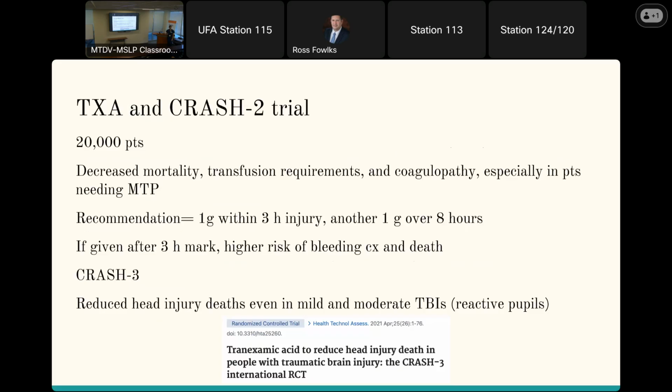They will usually call us and say, hey, do you want us to give it? Or they know, yes, we've already given blood. There is this 3 hour window. It's not technically an hour. It's great that you do give it within an hour. But then in the next 8 hours, we give the second dose.